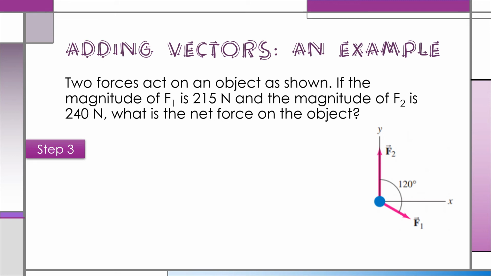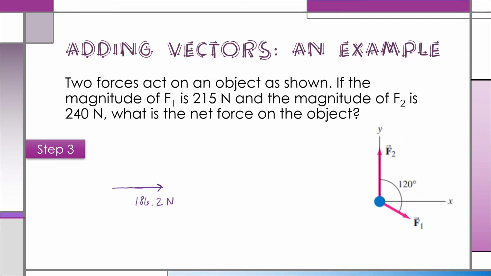My last step, step 3, is to take those two vectors that we just came up with and find the resultant. And we learned that in order to do that, we're going to start by drawing those vectors. For my x component, I had a positive 186.2 newton x component.